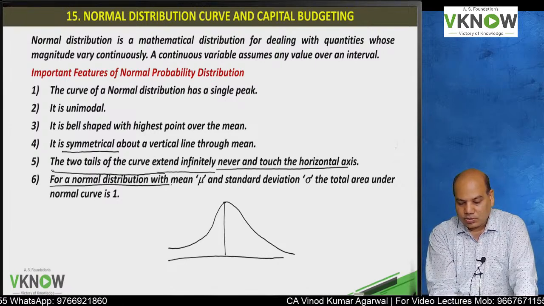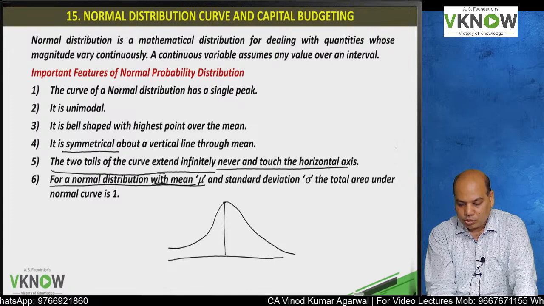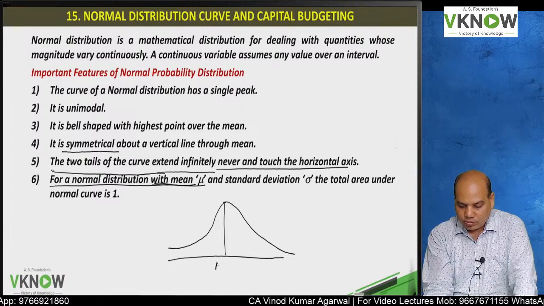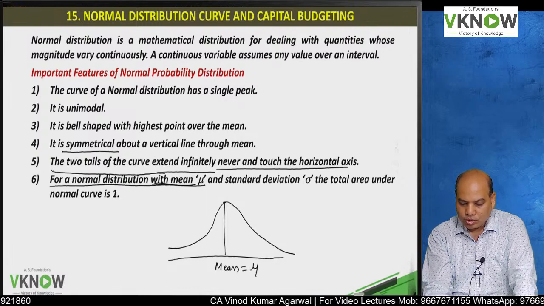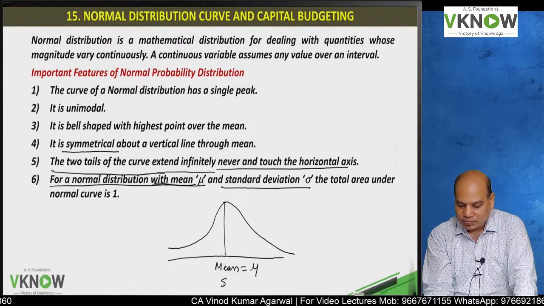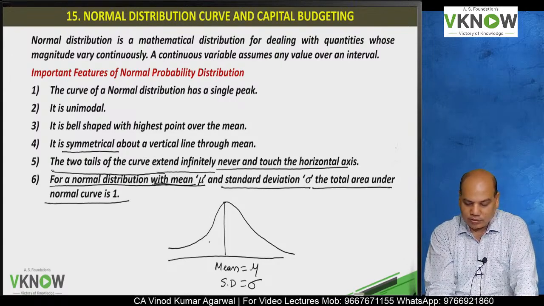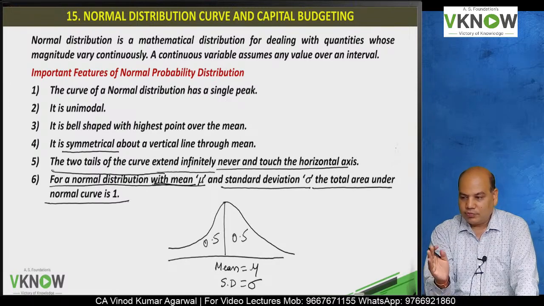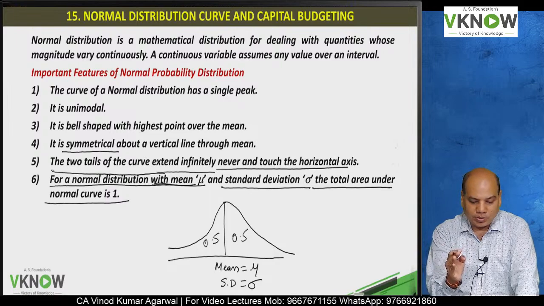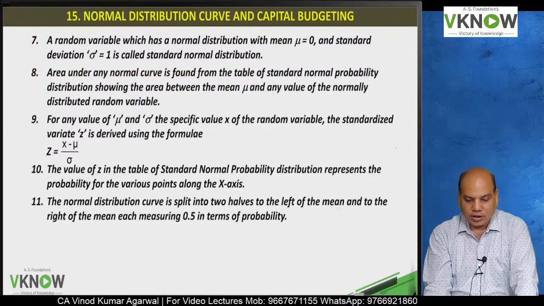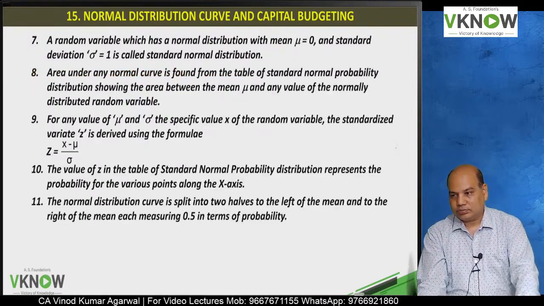For a normal distribution with mean mu, mean is written as mu and standard deviation sigma. The total area under the normal curve is 1. Total area is 1 and 50% lies below the mean, 50% lies above the mean.